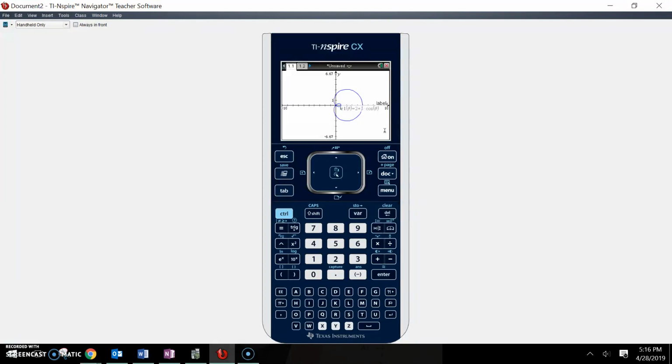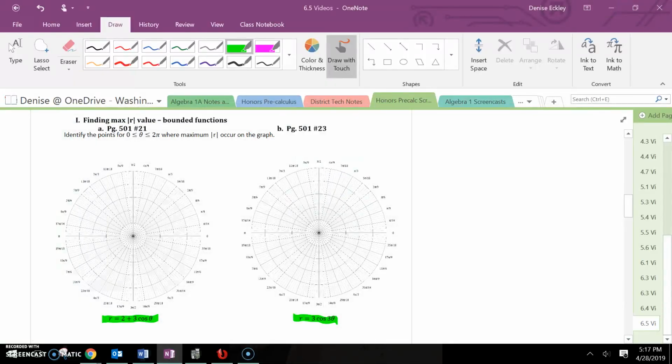So that's going to be our max R. And to get it to occur along the x-axis, our angle has to be multiples of 2 pi. So with that, we are going to say that for the first one, the max R is a value of 5, and it's for when theta is 2n pi, where n is an integer.